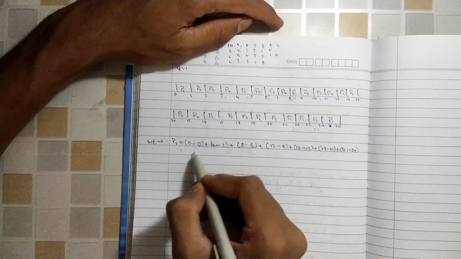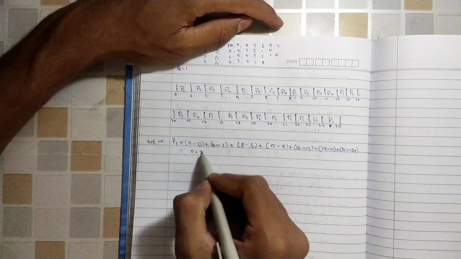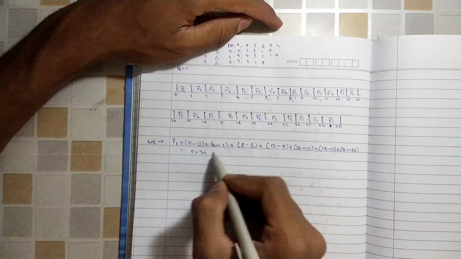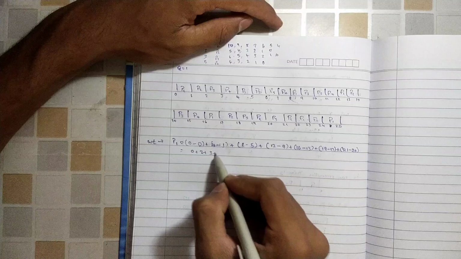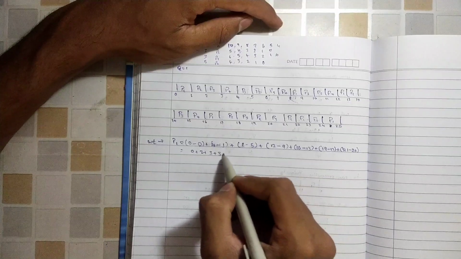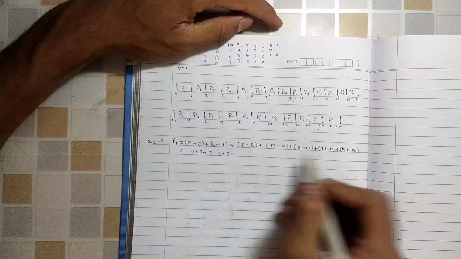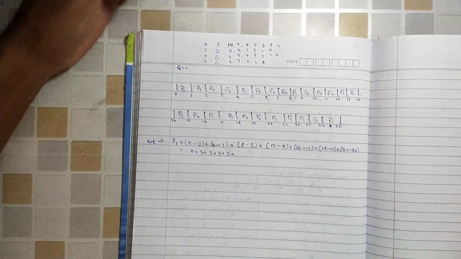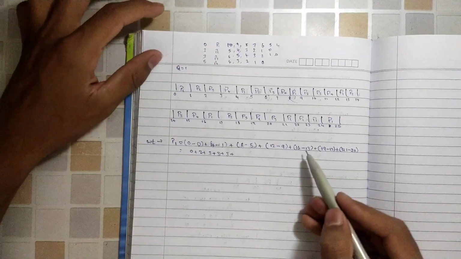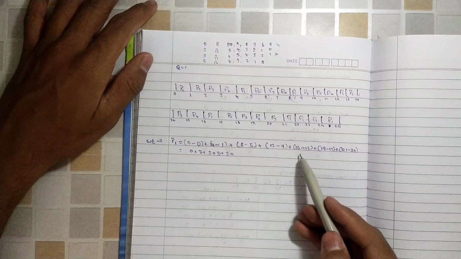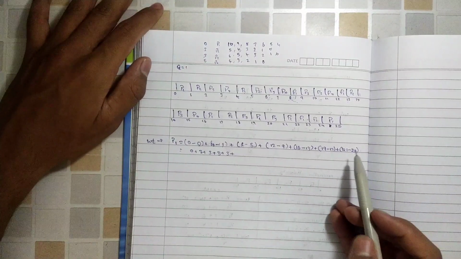Now again I have to write here: this was 0, plus 4 minus 1 is 3, 8 minus 5 is again 3, 12 minus 9 is 3 again, plus 16 minus 13 is 3 again, plus 19 minus 17. As you see here, wherever we are getting 3 as the difference, all 4 processes were there till then.